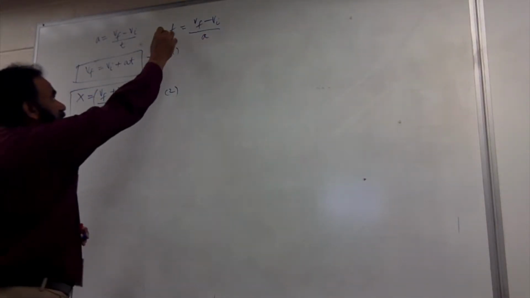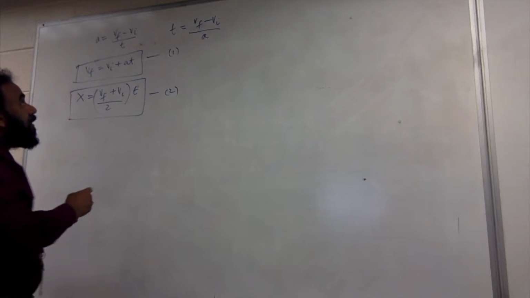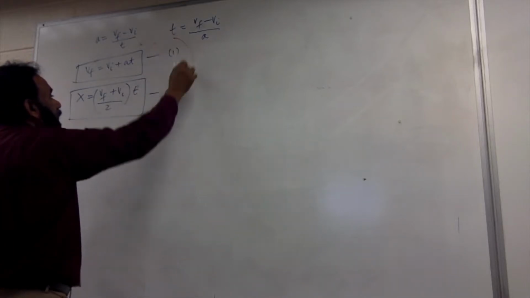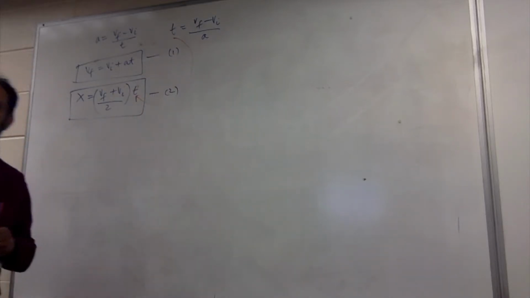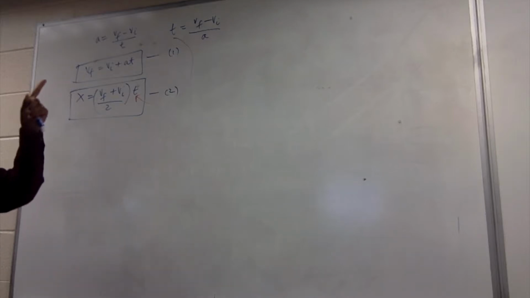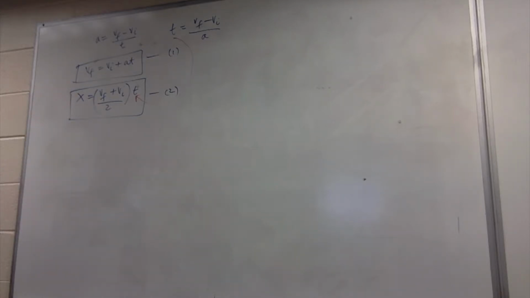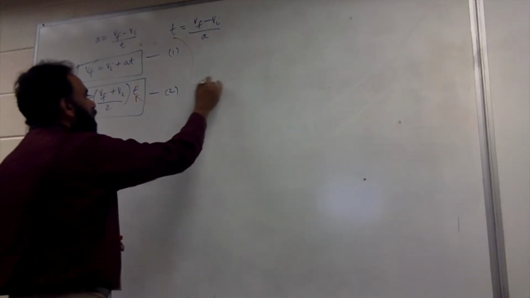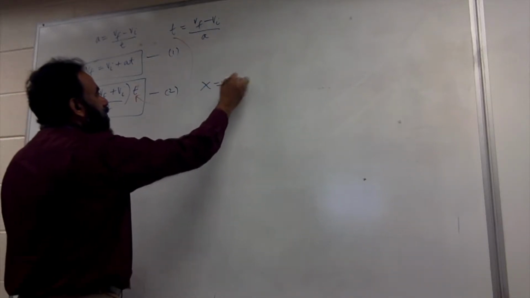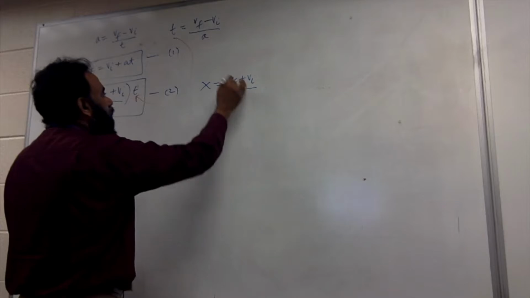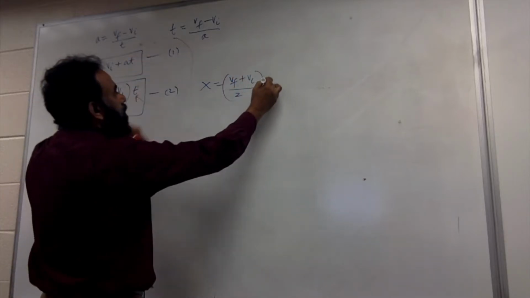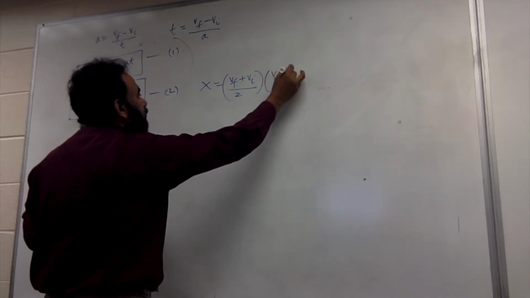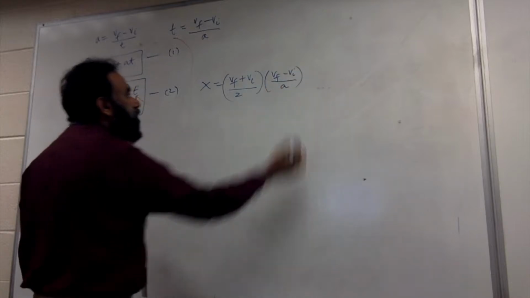Now I'm going to bring that time and put it here. So what happens? X is equal to Vf plus Vi over 2 times that time, Vf minus Vi over A.